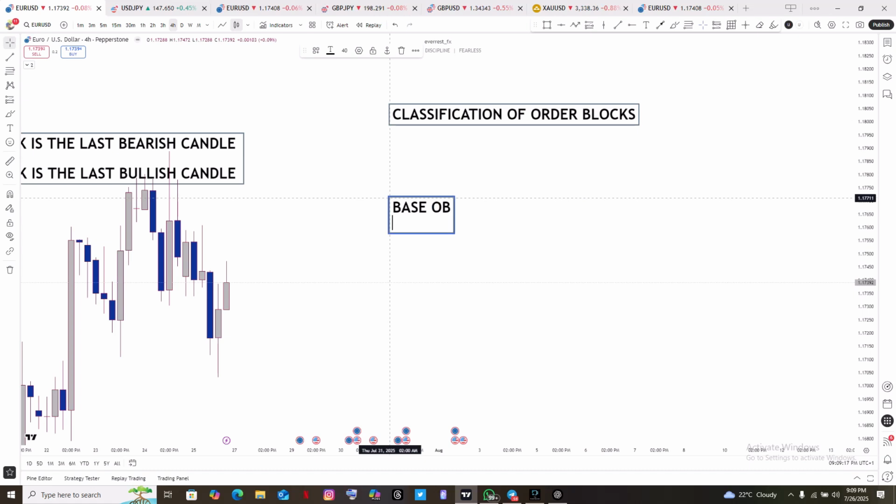We have the engulfing order block, the inside bar, and the rejection flip order block.